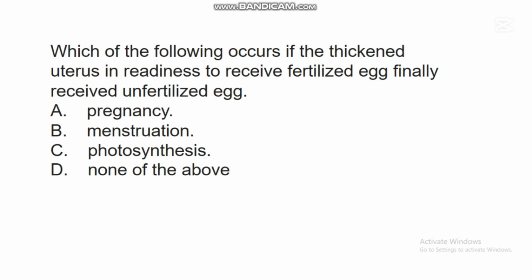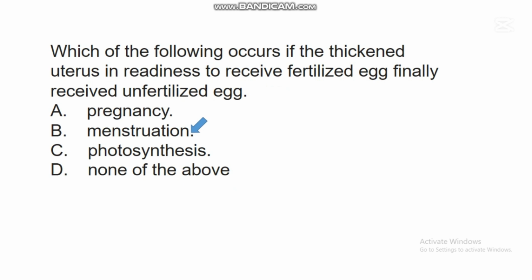The next question says, which of the following occurs if the thickened uterus in readiness to receive a fertilized egg finally receives an unfertilized egg? A. Pregnancy. B. Menstruation. C. Photosynthesis. D. None of the above. In this question, the correct answer is B. Menstruation. Menstruation occurs if the uterus doesn't receive a fertilized egg.